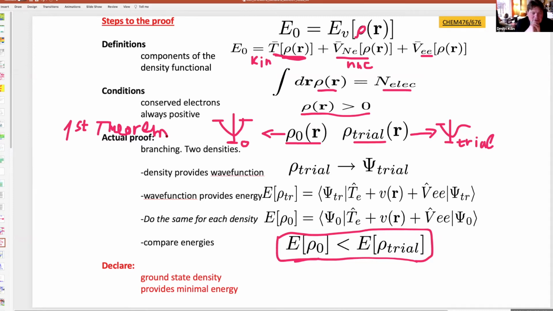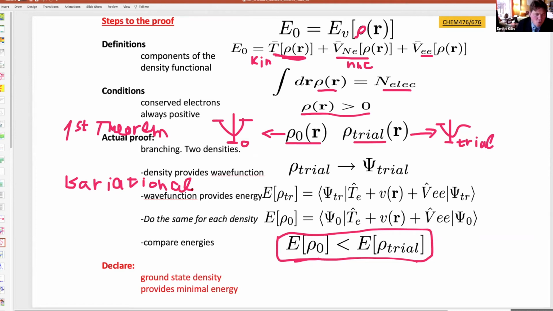Now we are going to practice the variational principle, or variational theorem, which refers to wave functions and Hamiltonians.